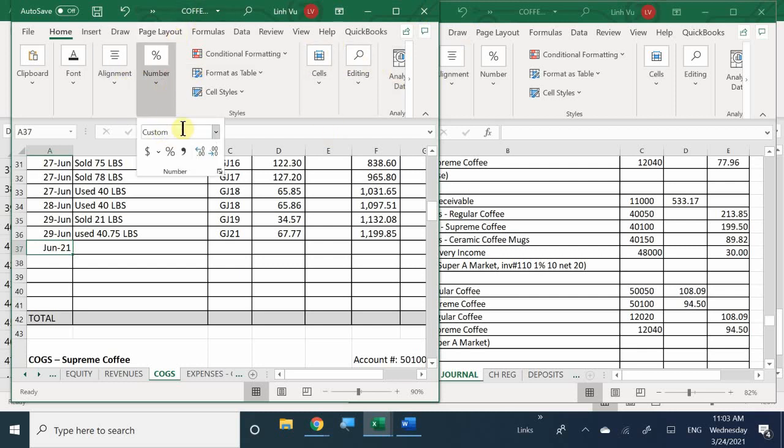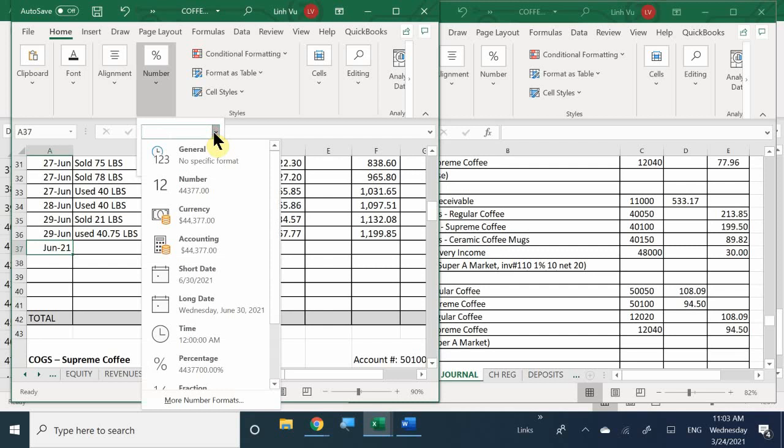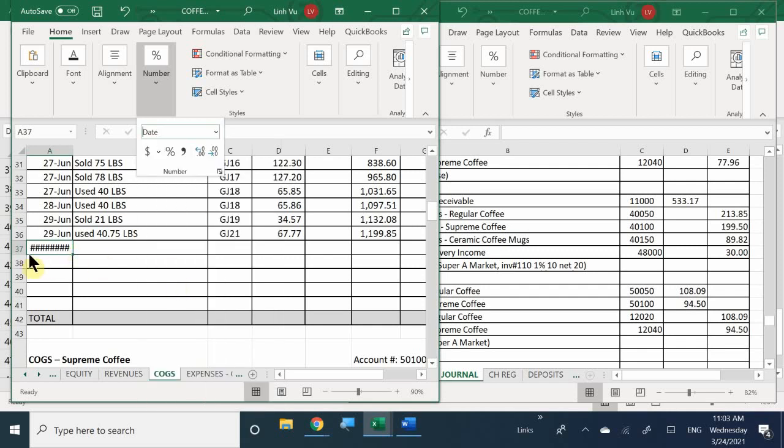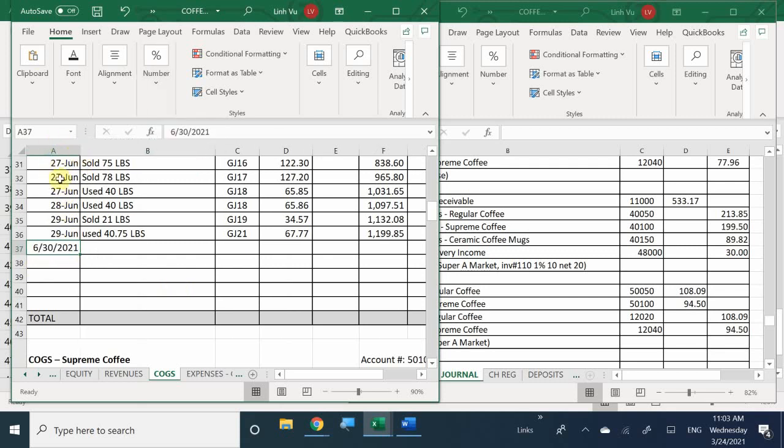Format, date. And I don't have date here. No, I don't. Short date. Nope. Okay. That's good enough.